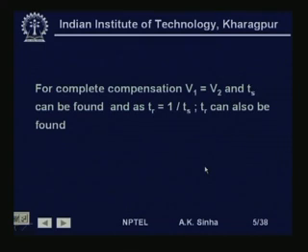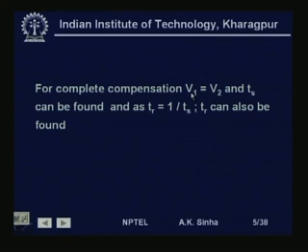So, from this we can find out the value of T s for a complete compensation, that is when V 1 is equal to V 2. Mind it, we are writing all these values V 1 V 2 as per unit values.